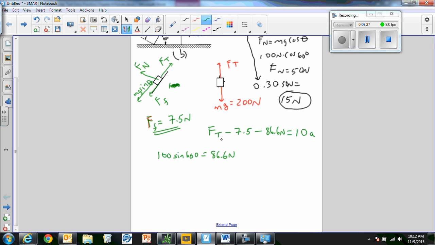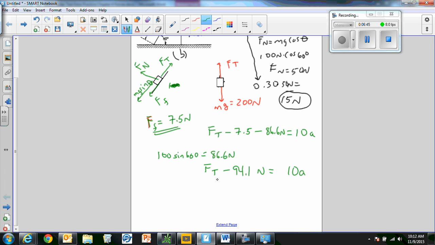All right, I got two unknowns there. Let's rewrite it. Ft minus, what's 86.6 plus 7.5? We get 94.1 equals 10a.